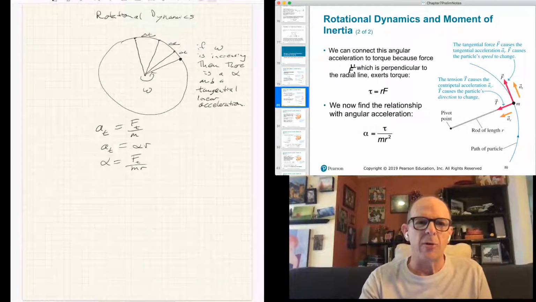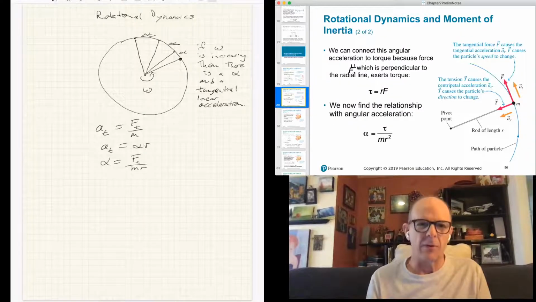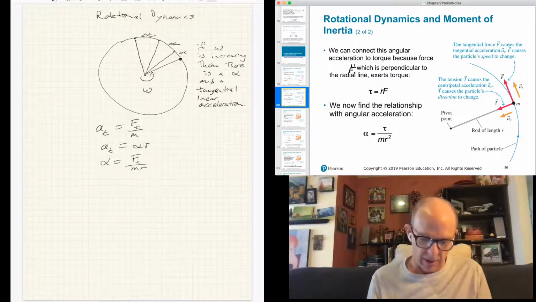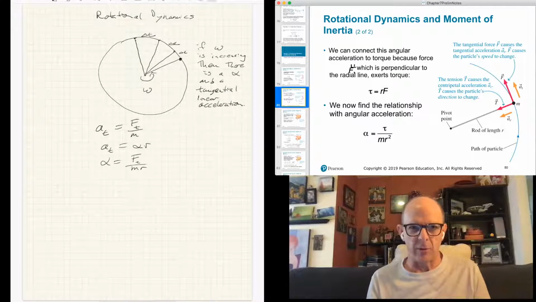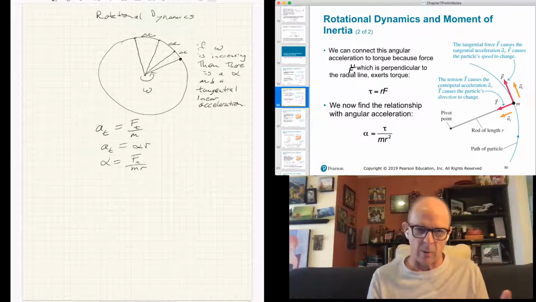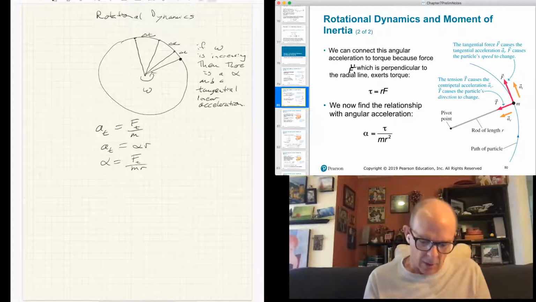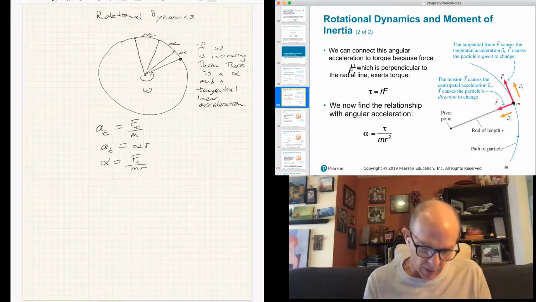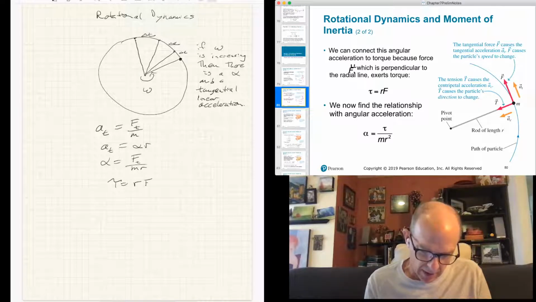for rotational motion that was along the same lines of Newton's second law, where we had force equals m times a, mass times acceleration, and we want to replace the force with the torque, and we want to replace the acceleration with the angular acceleration. Well, the relationship between the torque and the force is the torque is equal to r times that Ft.